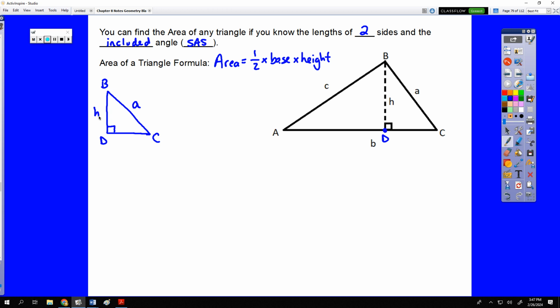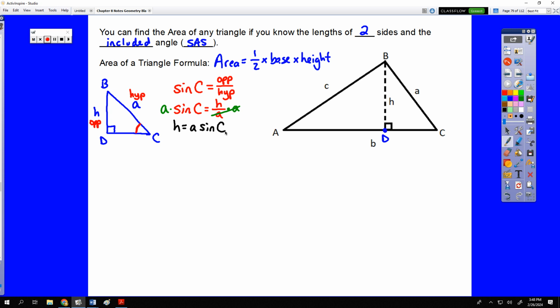So what we can do is look at angle C, which means that H is our opposite and A is our hypotenuse, which means that the sine of angle C, which is opposite over hypotenuse, must be equal to H over A. Now, none of us are big fans of fractions, so I'm going to multiply both sides of the equation by A to clear that fraction, giving me that H is equal to A times the sine of angle C.